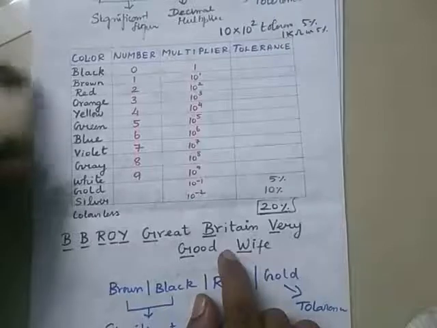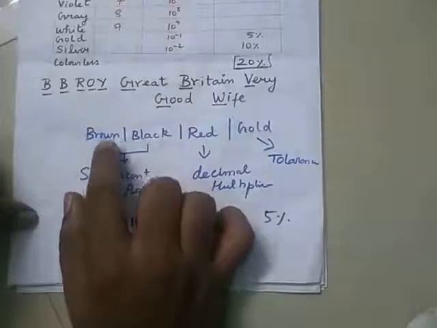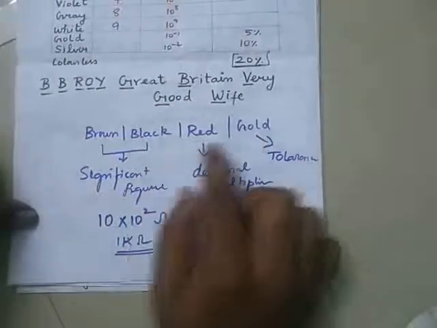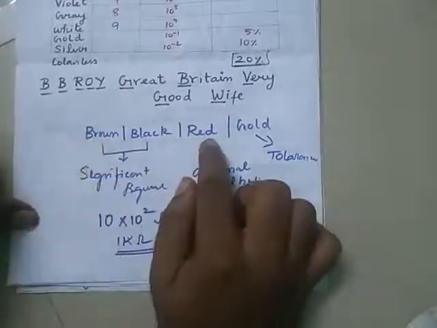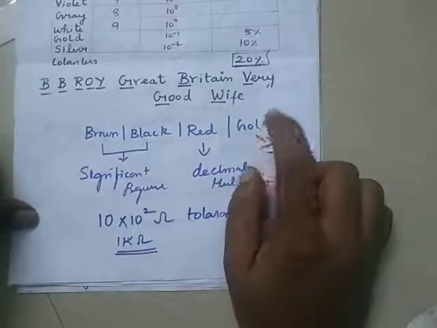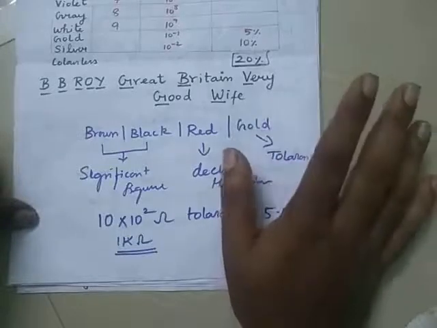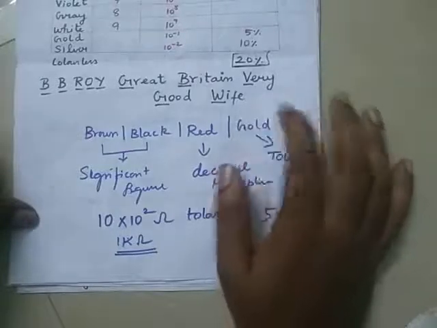Suppose I have a resistor with the colors brown, black, red, gold. The first three colors indicate color rings and the last one is known as the metallic ring, which always comes as gold or silver, or no color will be represented.